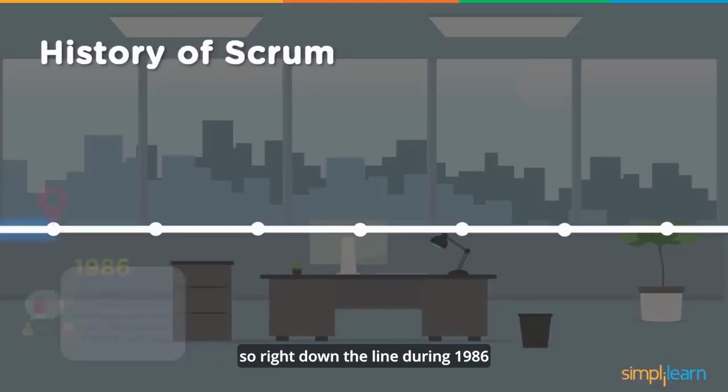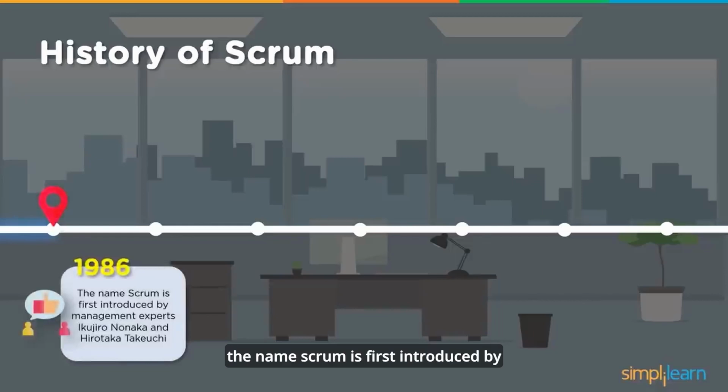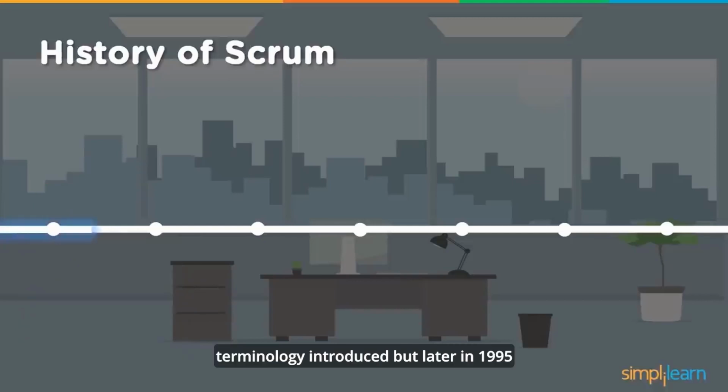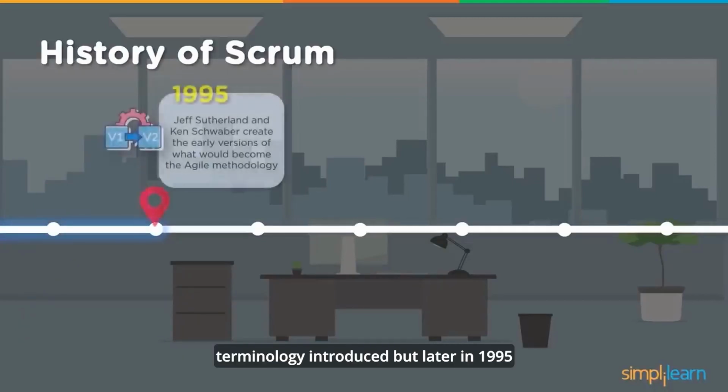Right down the line, during 1986, the name Scrum was first introduced by the management experts Ikujiro Nonaka and Hirotaka Takeuchi. So, Japanese. This terminology was introduced, but later in 1995, Jeff Sutherland and Ken Schwaber created the early version of what would become the agile methodologies.